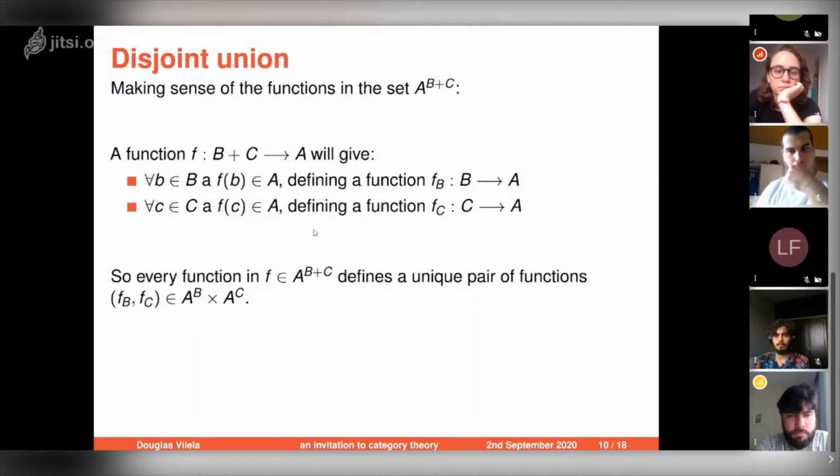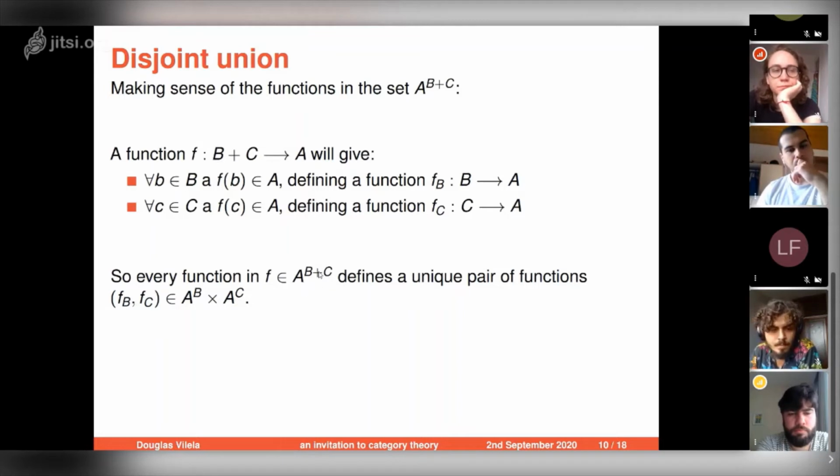I don't know the name, but every function will define a unique pair of functions such that, the order doesn't matter, but we can think of the first function in this pair as this f of b as defined here. Notice that f of b depends on f, and the second element in this pair is defined by this f of c that also depends on this function f.